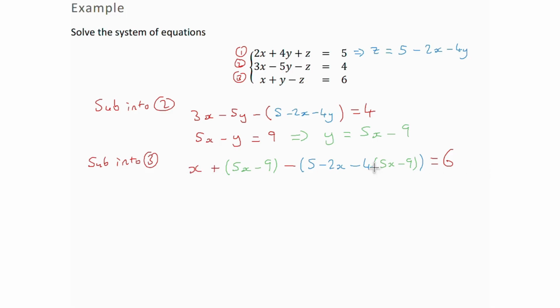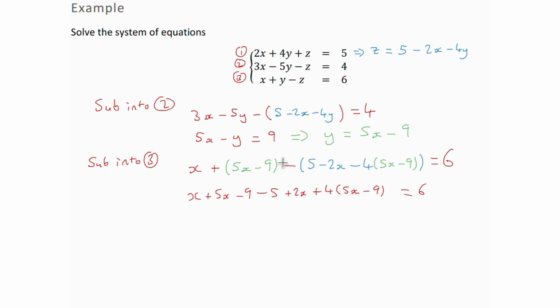And now we have an equation in just one variable, which is x. So expanding this out a little bit, we have x plus 5x minus 9 minus 5 plus 2x, and then minus 4y is going to be plus 4 lots of 5x minus 9. So we have x plus 5x plus 2x plus 20x.